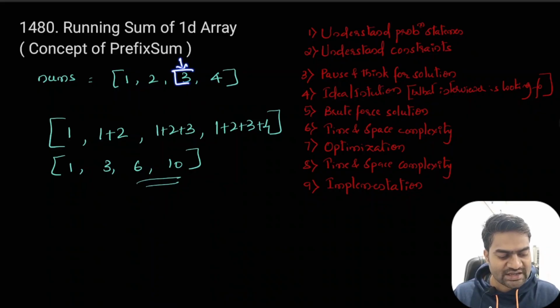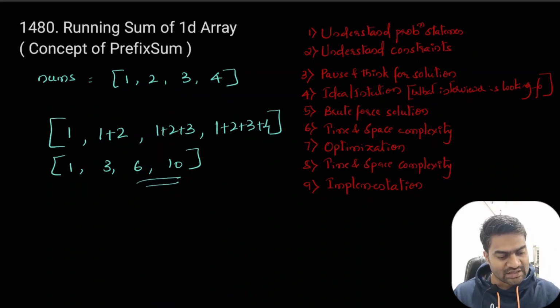If I want the running sum at this particular point, I will iterate from 0 till this number. This is 0 based indexing, right? So I will start from the value at the 0th index, iterate until that particular number, and sum all the values. Likewise, we can compute the running sums at all the positions.